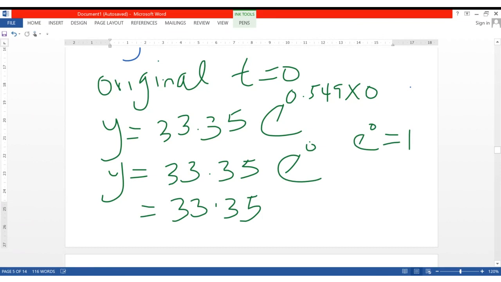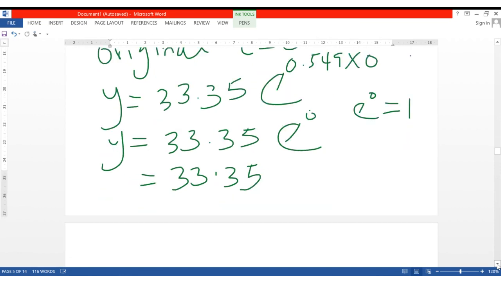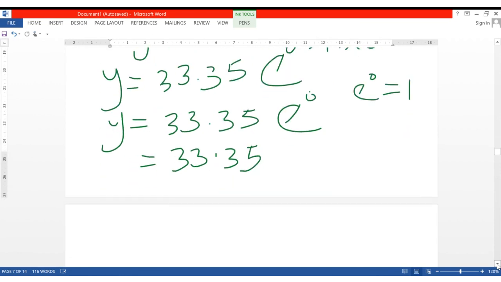So they were asking approximately how many bacteria there were. Now, in bacteria, we cannot say we had 33.35. When you come to human beings, to animals, to bacteria, insects, we don't deal with decimal places. So we can only round off this answer. I believe the best is to round down, because we don't want to exceed what we had before.